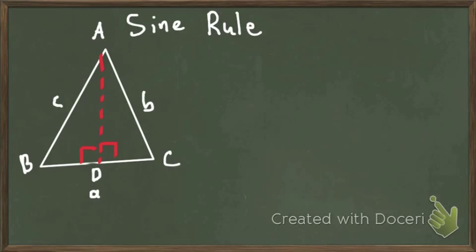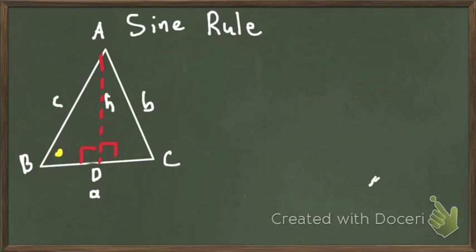So now we're going to show you how the sine rule works. I'm going to start by looking at the angle B. Oh wait, let me label one more thing. I'm going to call that red perpendicular line h, the height of the triangle, because that's what it is.